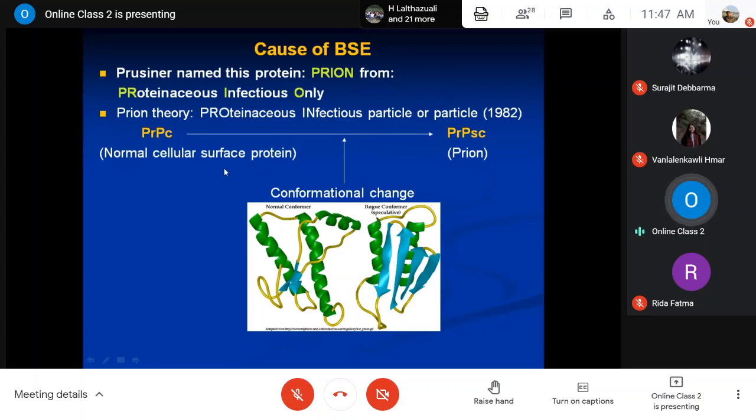The normal cellular protein is converted into an infective protein, the prion protein. In this conformational transformation, the alpha helix of the normal cellular protein is replaced by abnormal beta pleated sheets. After this transformation, it becomes the infective protein form, what we call prion protein.